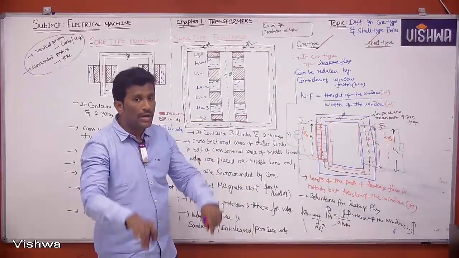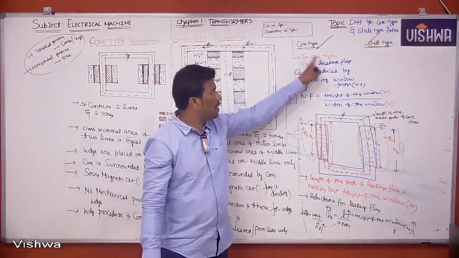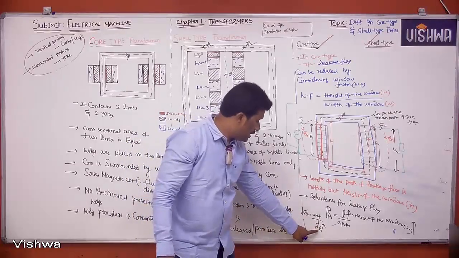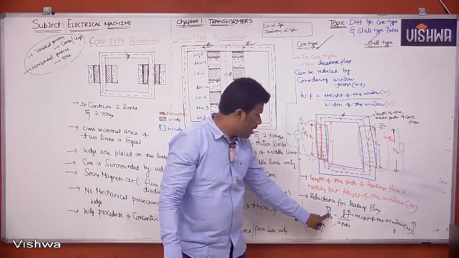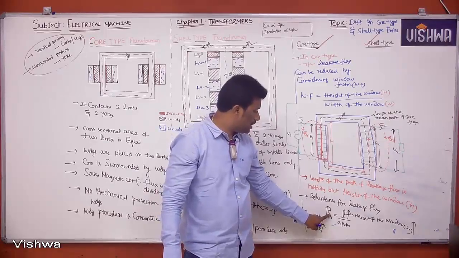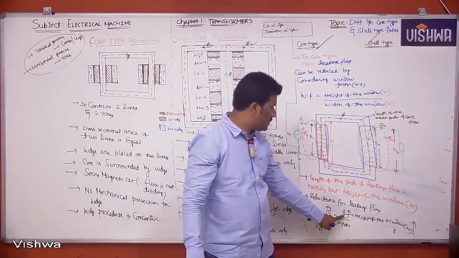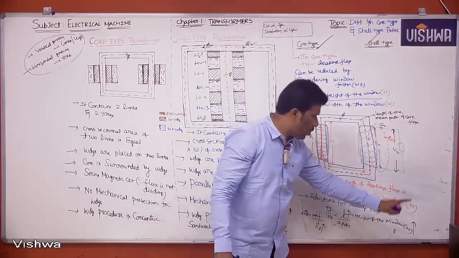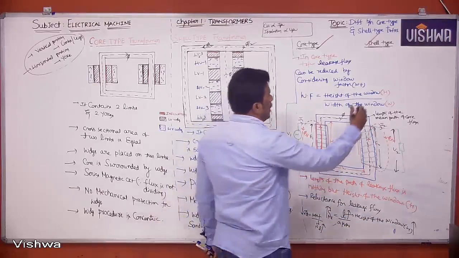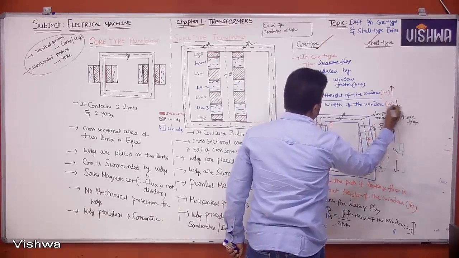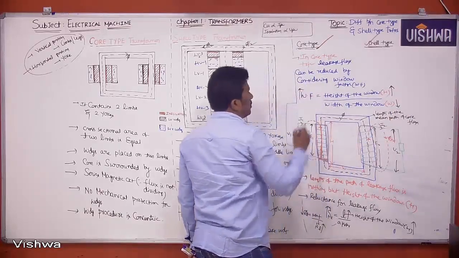How can we reduce leakage flux in a core-type transformer? Leakage flux can be reduced by increasing the reluctance for leakage flux. How can we increase reluctance for leakage flux? By increasing the length of the path of leakage flux, nothing but the height of the window. So here the height of the window will be more, the width of the window will be less, and the window factor will be more.